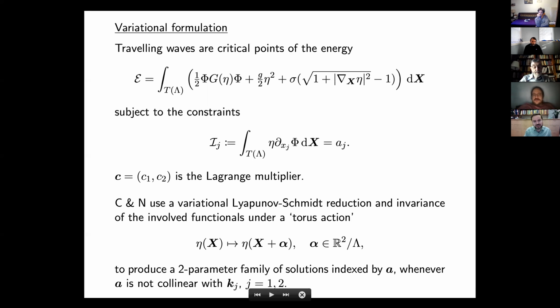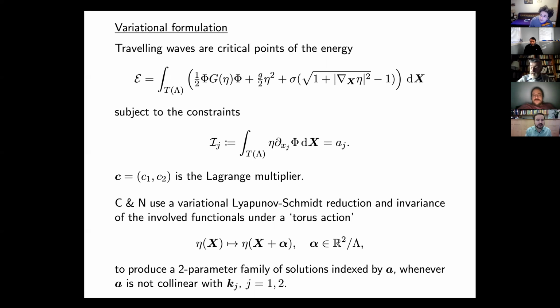These constraints will reduce the dimension to 2. And then if you also use the torus action, it means that your reduced function is actually constant. So you automatically get a trivial solution to the optimization problem. This gives you a 2-parameter family of solutions indexed by these 2 constants, the momenta in the 2 different horizontal directions. And this works whenever A is not collinear with the wave vectors k1 and k2. So you have to avoid some cases.